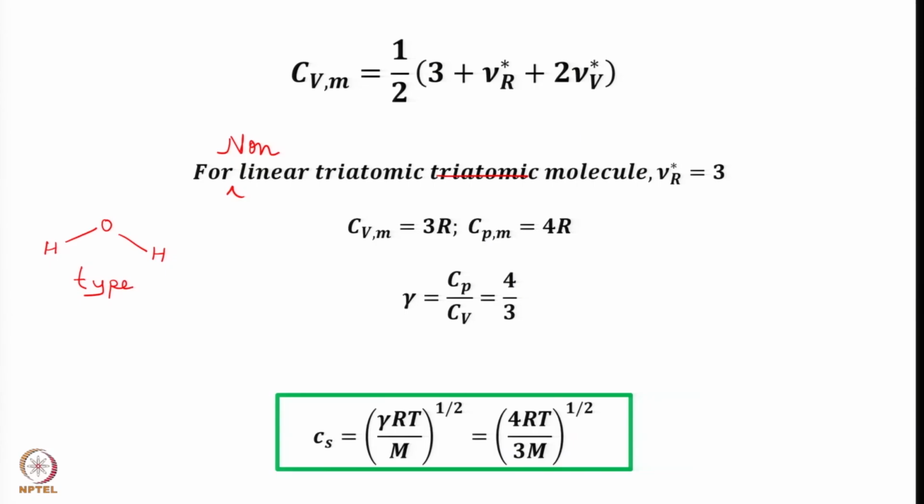When non-linear, you are talking about nu r star is equal to 3. That means this is going to be 1 by 2 into 3 plus 3. Nu v star is 0. So, therefore, you can put R. This is equal to 3R.